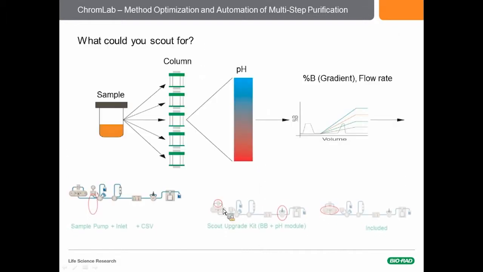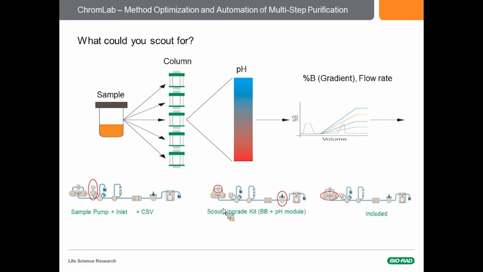Let's take a look at the hardware requirements for scouting. Scouting for sample requires a sample pump and a sample inlet valve to be added to your basic NGC Quest system. When you're scouting for column, you require a column switching valve. pH scouting requires a buffer blending module and a pH module.